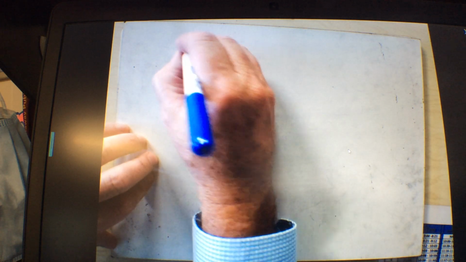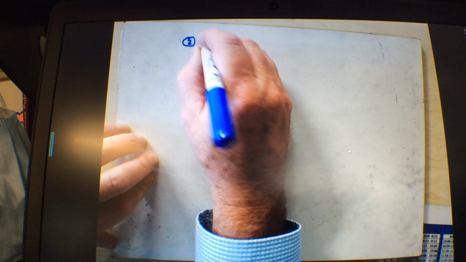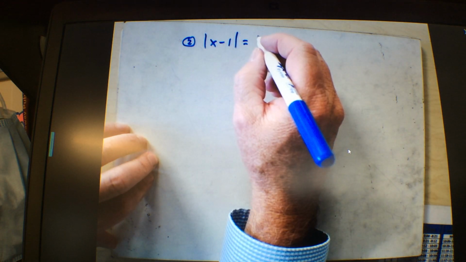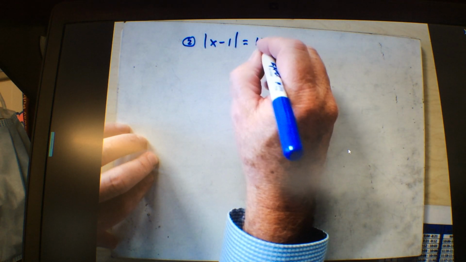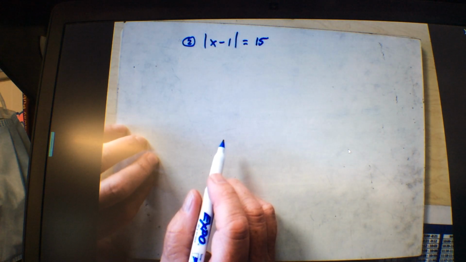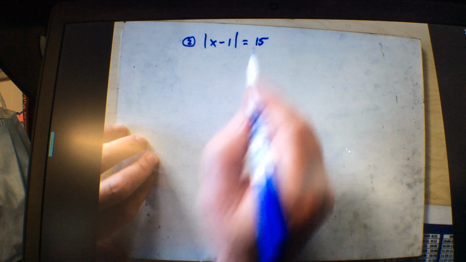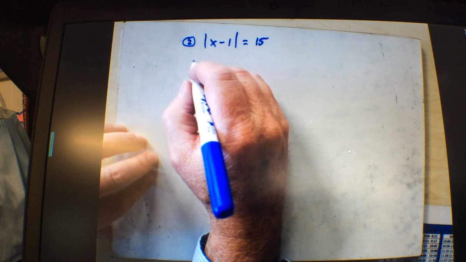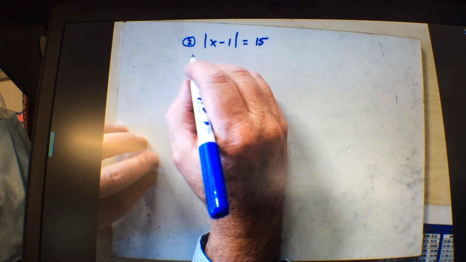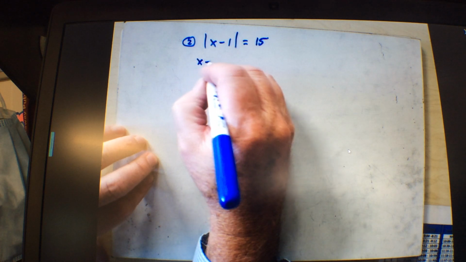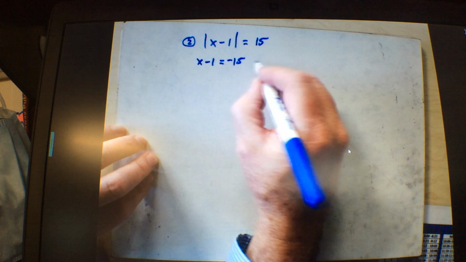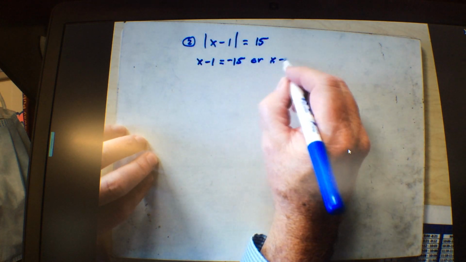So this is number 2, right? The absolute value of x minus 1 equals 15. Is this number positive? Yes. All right, so it can happen, right? So what are my two equations that I'm going to solve from what we just learned? x minus 1 equals negative 15, or x minus 1 equals 15.